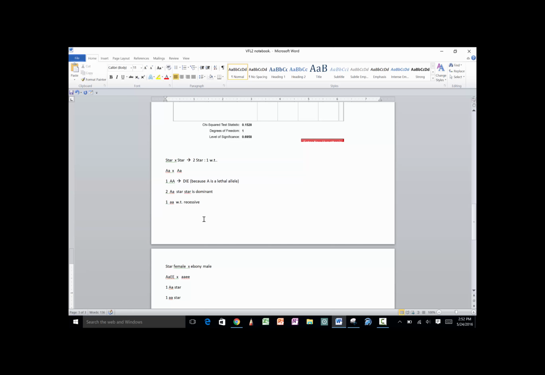And for ebony, we expect all to be this, wild type. So when we do this cross, we're going to get 1-to-1 star to wild type. And this is going to be in the F1. So this is the parent cross that we're going to set up, and this is the F1 cross that we're going to set up.